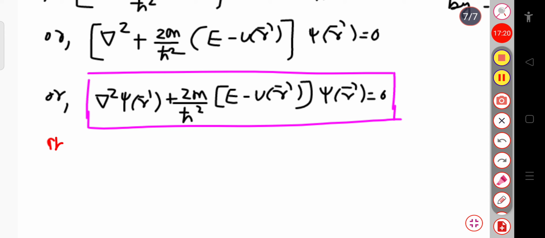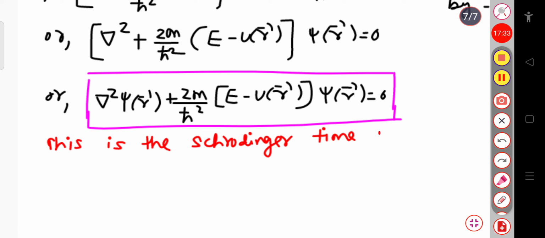This is the Schrodinger time independent equation in 3D.